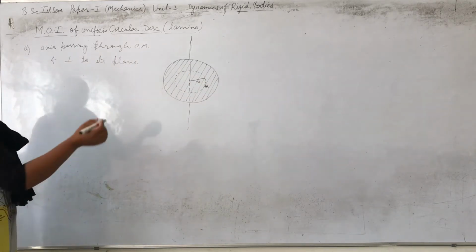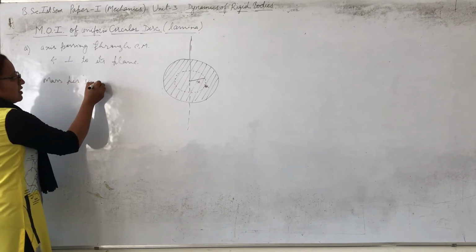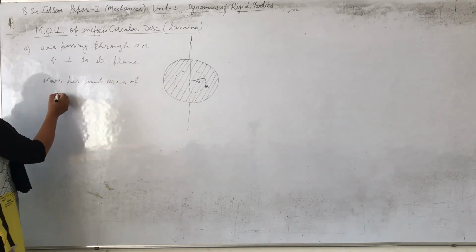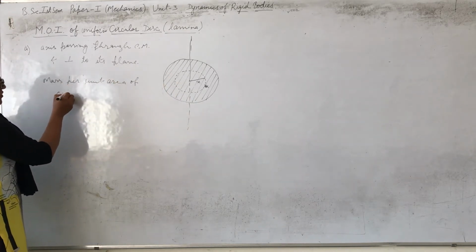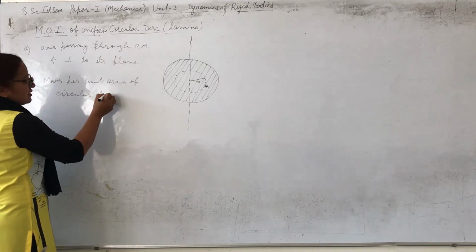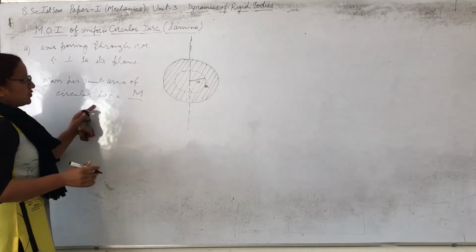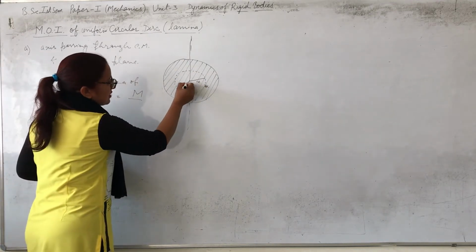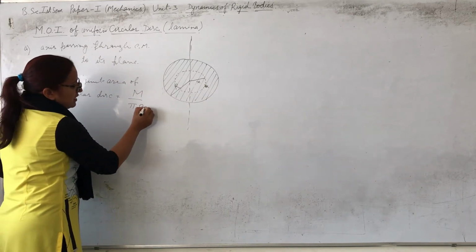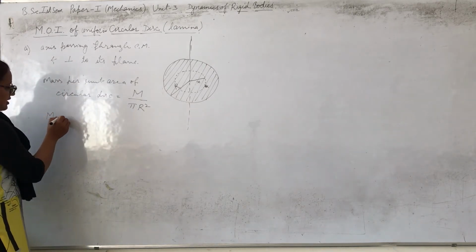Now, mass per unit area of this circular disc, m is the mass and per unit area r is the radius. So m over pi r square.